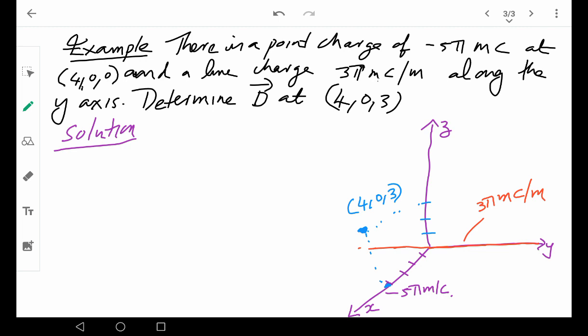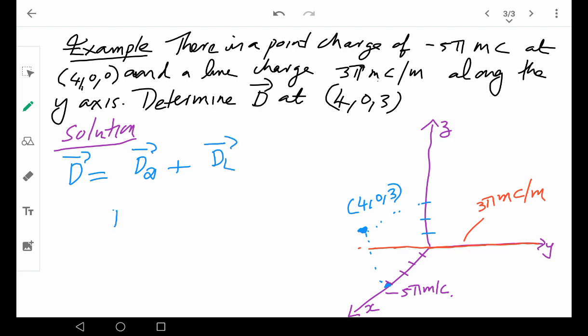Okay. So now we will do this problem. The total electric flux density at the point (4, 0, 3) is because of the point charge and the line charge. You can write the total electric flux density D equal to electric flux density due to the point charge, D_Q, plus electric flux density due to the line charge, D_L.